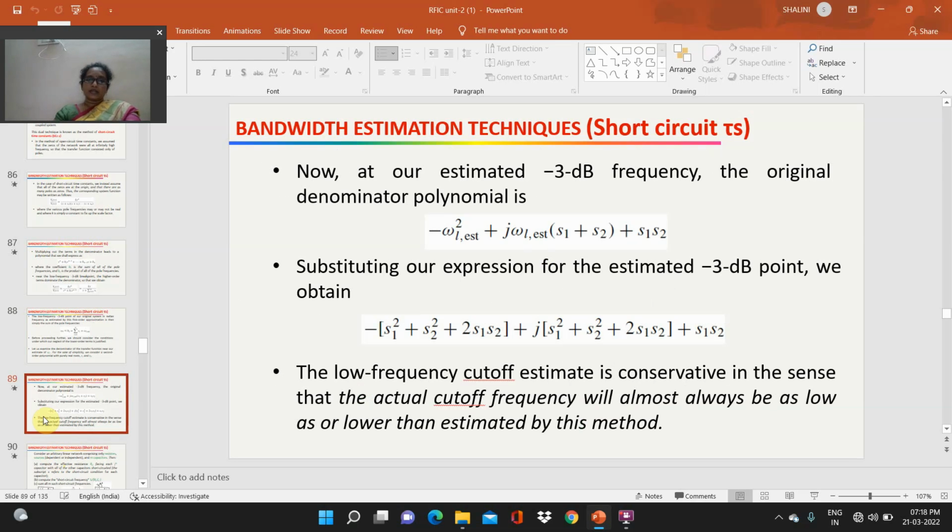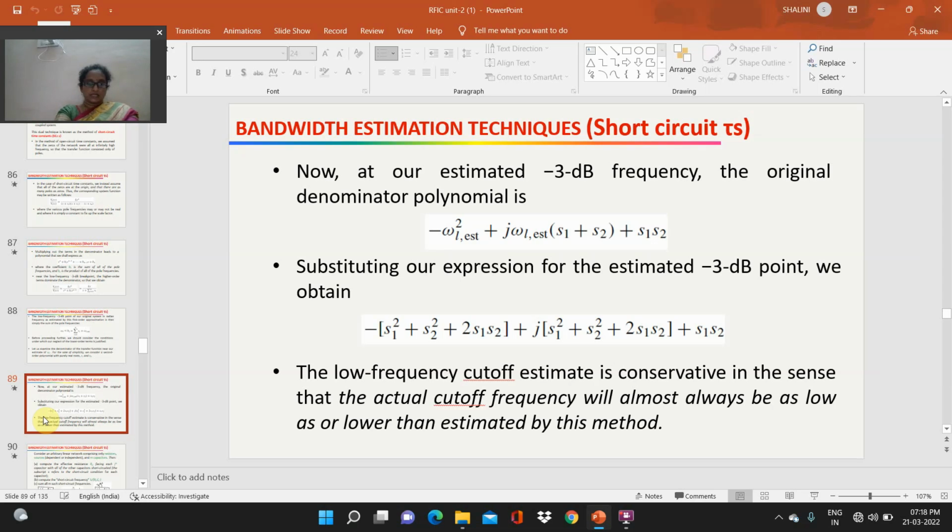Now at our estimated minus 3 dB frequency, the original denominator polynomial is minus omega L comma est squared plus j omega L comma est into (s1 + s2) plus s1 s2. Substituting our expressions for the estimated minus 3 dB point, we obtain minus (s1 squared + s2 squared + 2 s1 s2) plus j (s1 squared + s2 squared + 2 s1 s2) plus s1 s2.